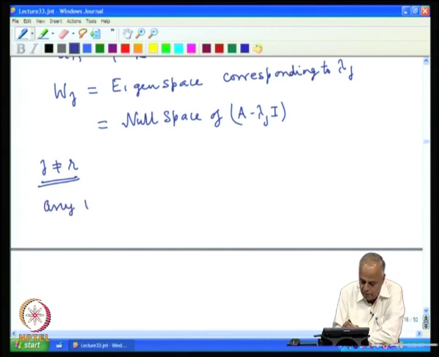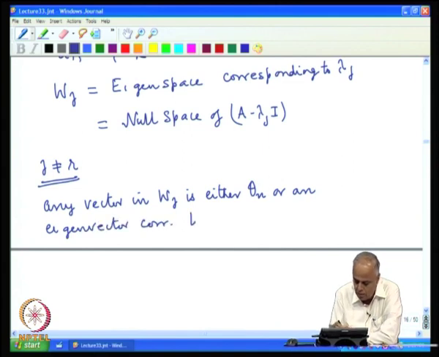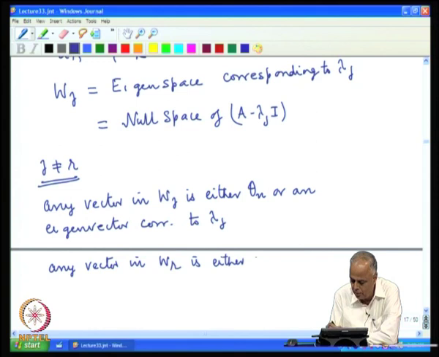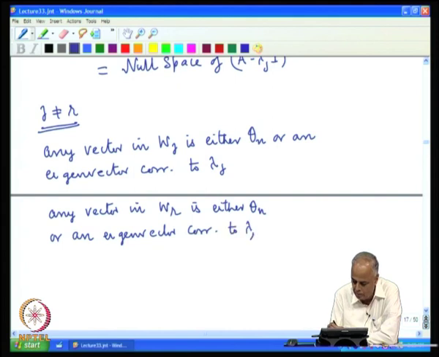Any vector in W j is either the 0 vector, or if it is not a 0 vector, it must be an eigenvector corresponding to lambda j. Similarly, any vector in W r is either the 0 vector or an eigenvector corresponding to lambda r.